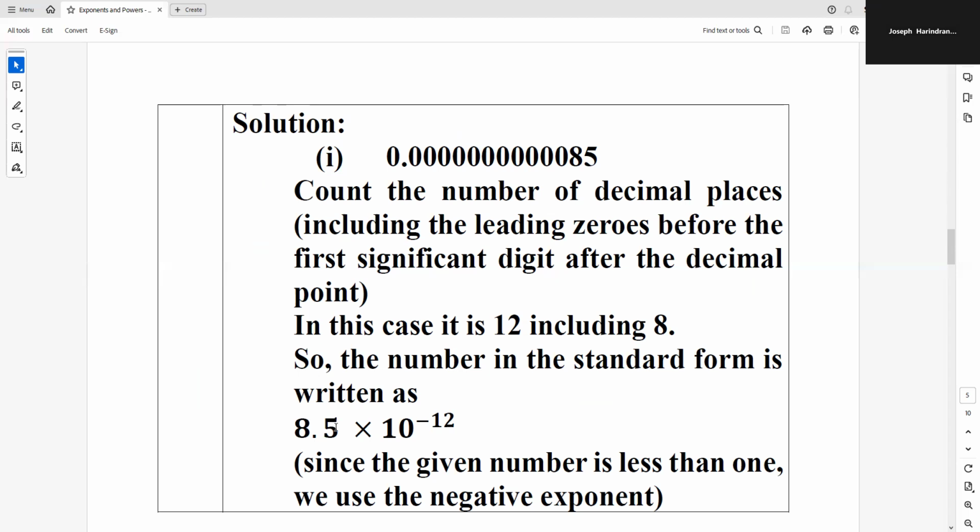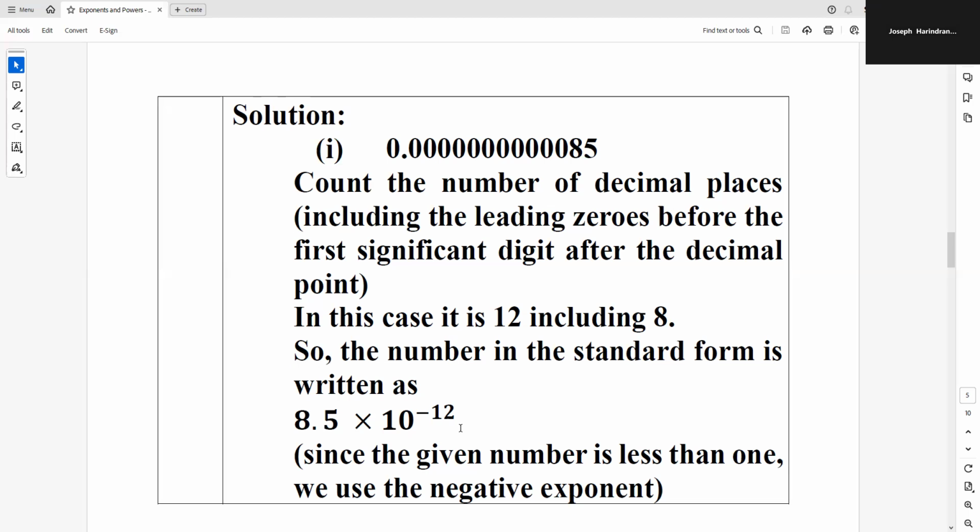So 8.5, which is less than 10, into the negative power of 12. Because there are 12 decimal places, we put 10 raised to the power minus 12. Since the given number is less than 1, we use the negative exponent for very small numbers. Hope you understood this. Let us move on to the fifth subdivision.